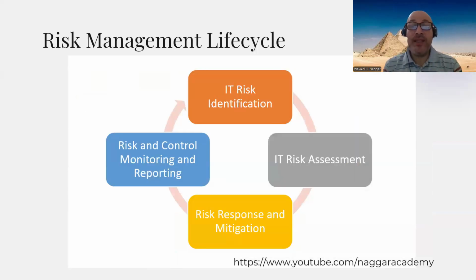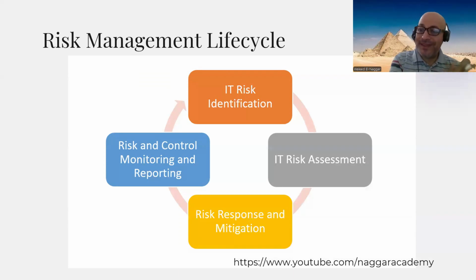So let's talk about the risk management life cycle. We have 4 steps of risk management life cycle. We start by identifying the risks. Everybody who is involved in this process will sit together in the same room and start thinking, what risks could possibly happen? There are different approaches that you can use for that.